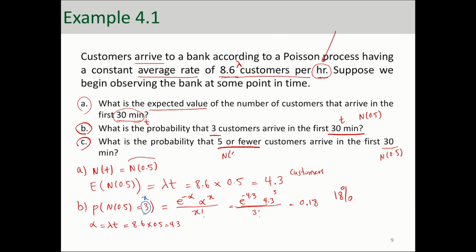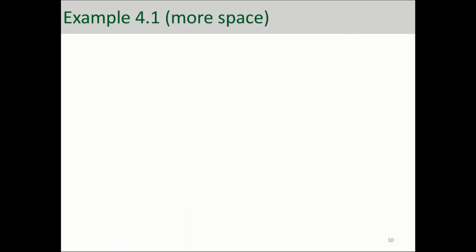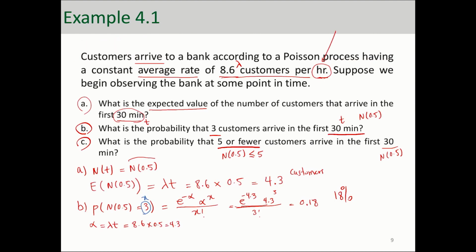That means N of 0.5 less than or equal to 5, right? 5 or fewer. Well, that is the probability that N of 0.5 is less than or equal to 5. Am I right? Yes.